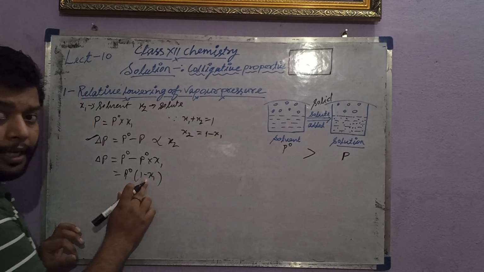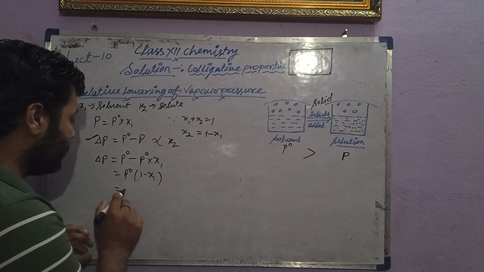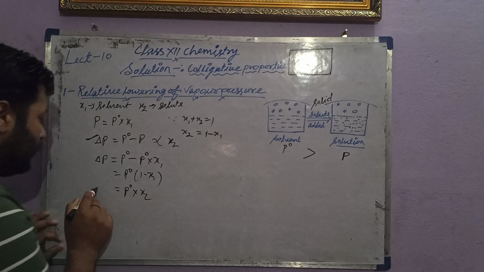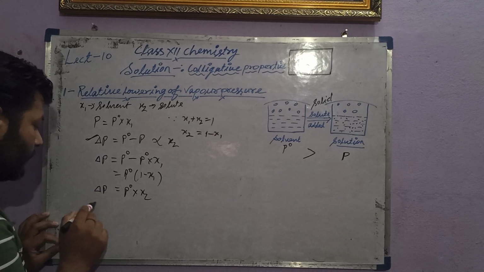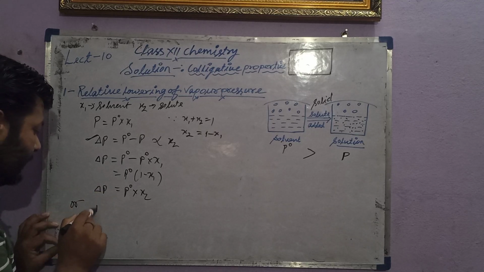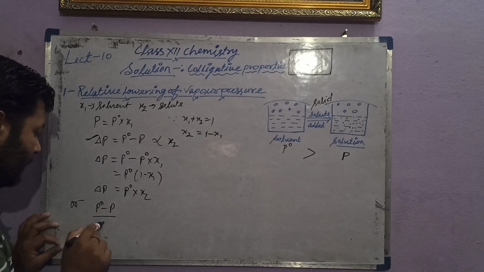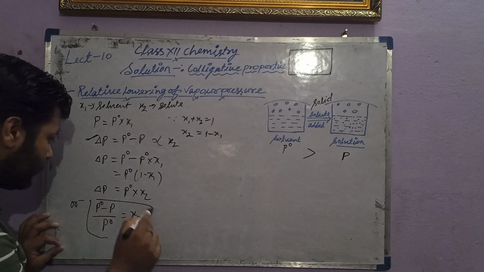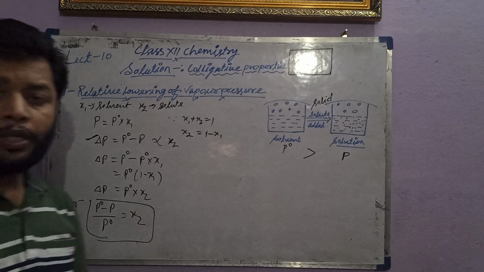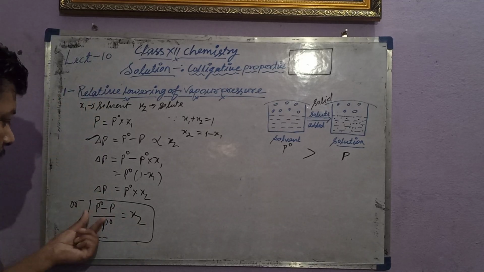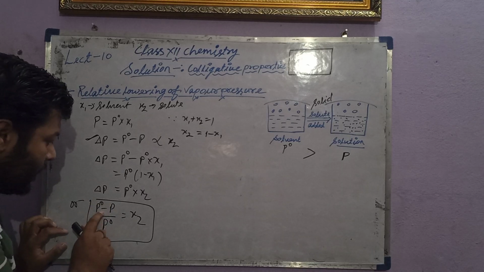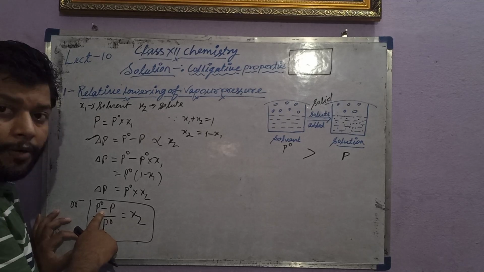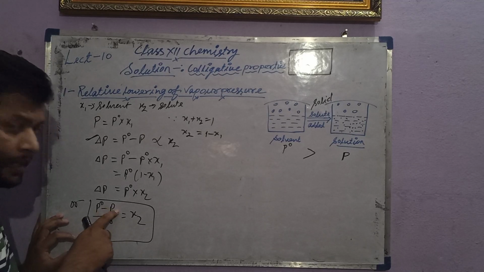So instead of 1 minus x1, you can write P naught into x2 for delta P, or you can write P naught minus P upon P naught equals x2. So students, this is called the lowering of vapor pressure.